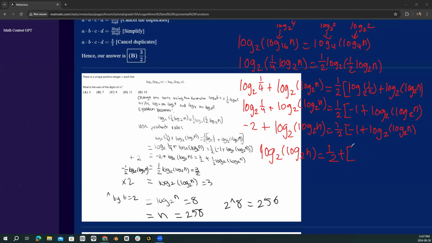So actually, we can also remove the brackets. I forgot to add them back up here.